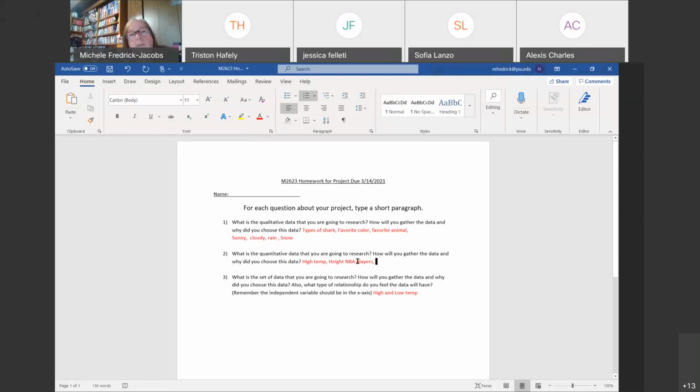Here, if you're doing NBA players' height, maybe you do height and number of points made in the season. So you take the top 25 NBA players, you take their height and the number of points they scored, and see if there's a relationship with it. The taller they are, they score more points, maybe, maybe not.